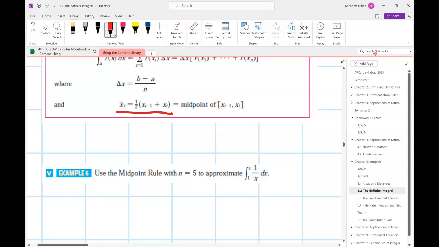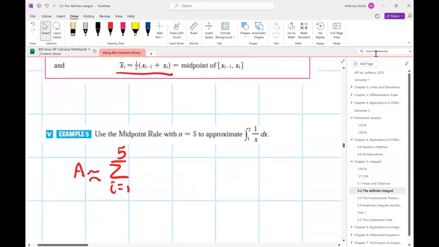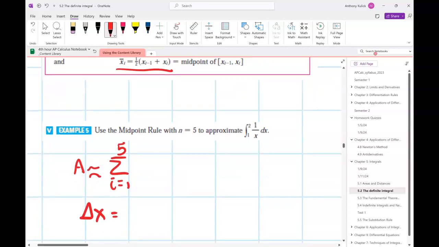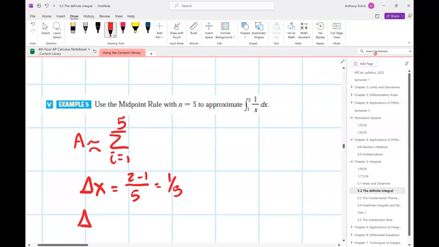So for this, again, we're going to use the limit as n goes to infinity, it's a Riemann sum. So my area is approximately the sum from i equals 1 to 5. And then my delta x should be 2 minus 1 over 5. And my xi bar should be 1/2 of xi plus xi minus 1.